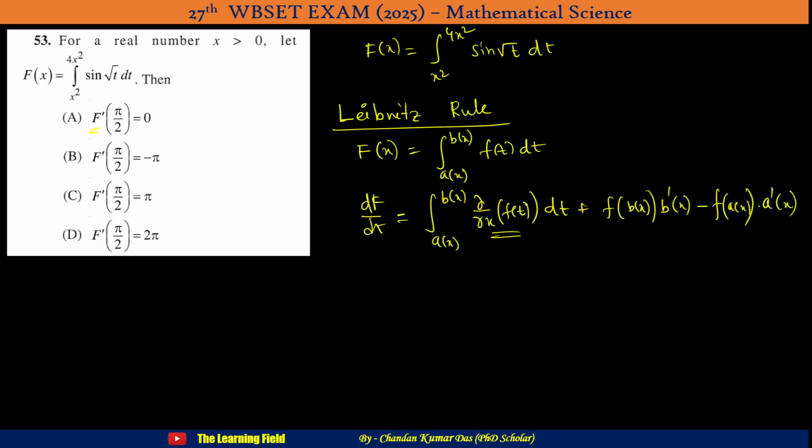Now, since this is a function of t only, the first term tends to 0. That means here we only get these two terms.